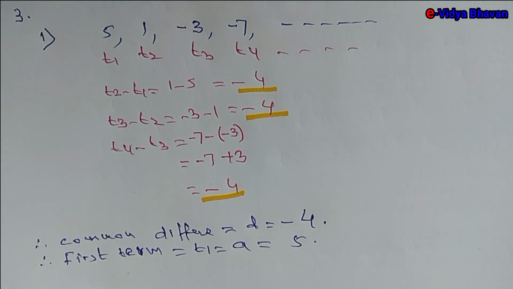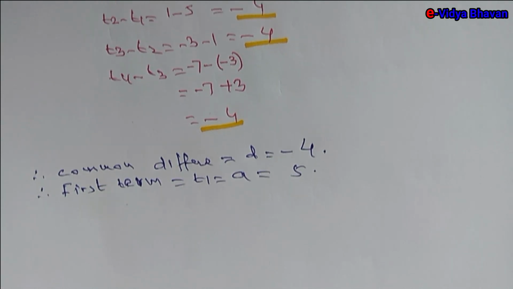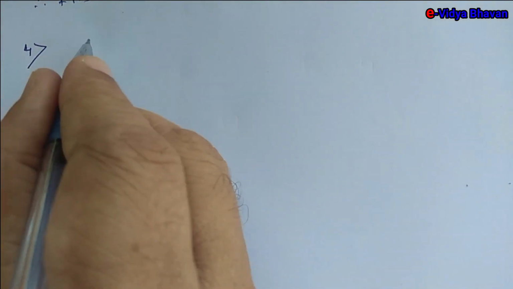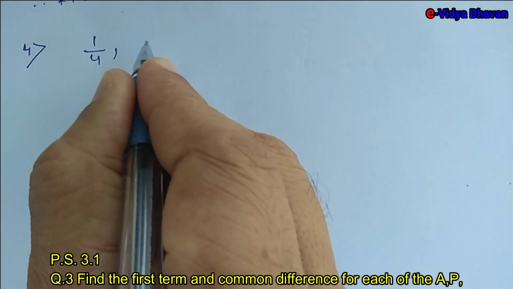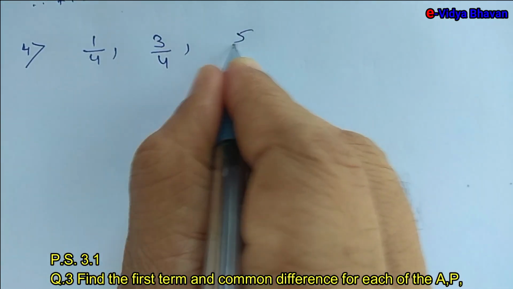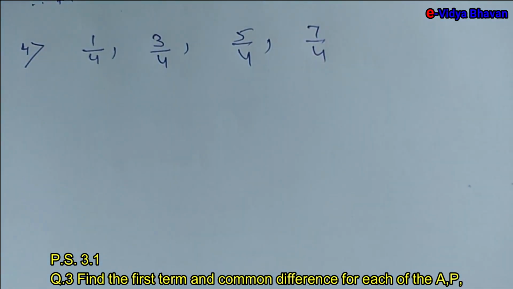Now one more sum we can take it up here. Let's take the fourth example. You have 1 upon 4, 3 upon 4, 5 upon 4, 7 upon 4.